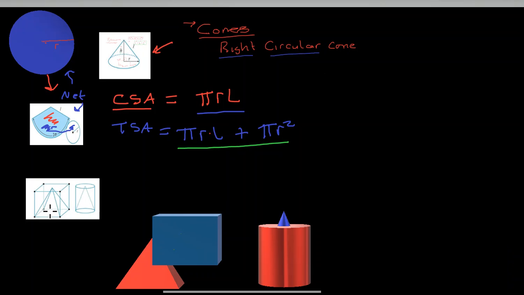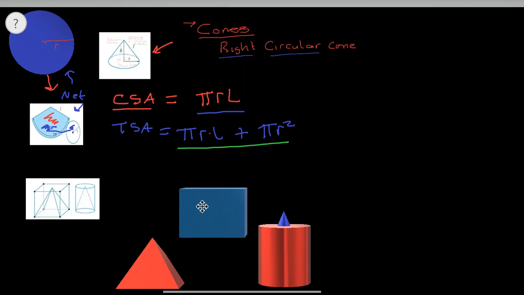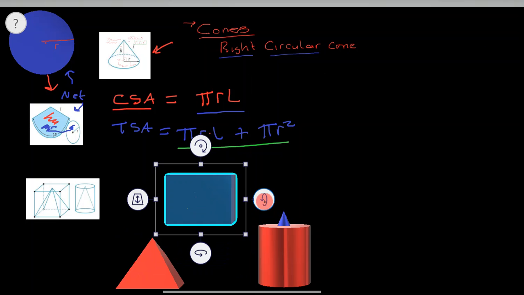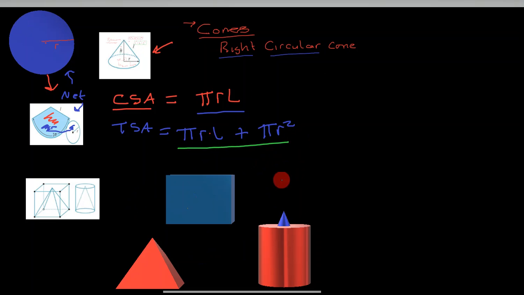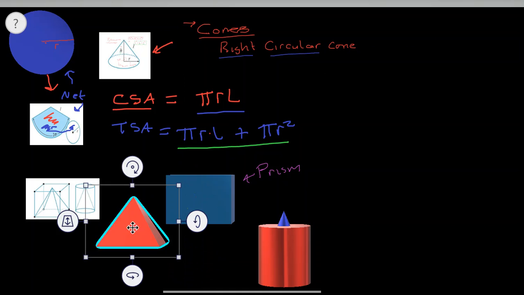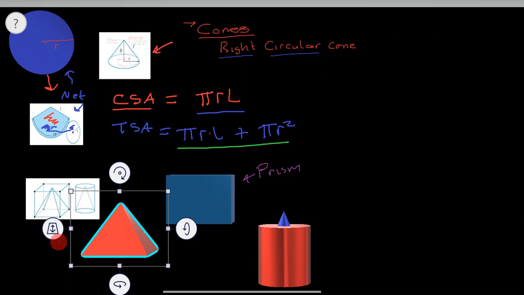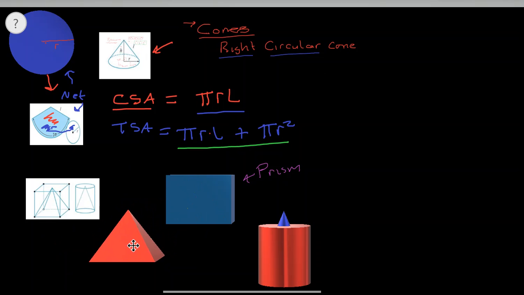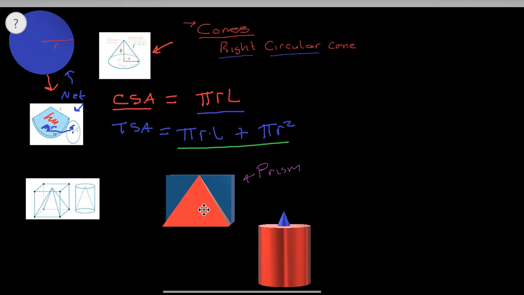So what he found was that if you were to take the volume of a prism, like for example this cube that we have here, or we can just call it a prism, and what he found was that if you were to take a pyramid, let's say something like this here, and you were to fit it inside the prism.